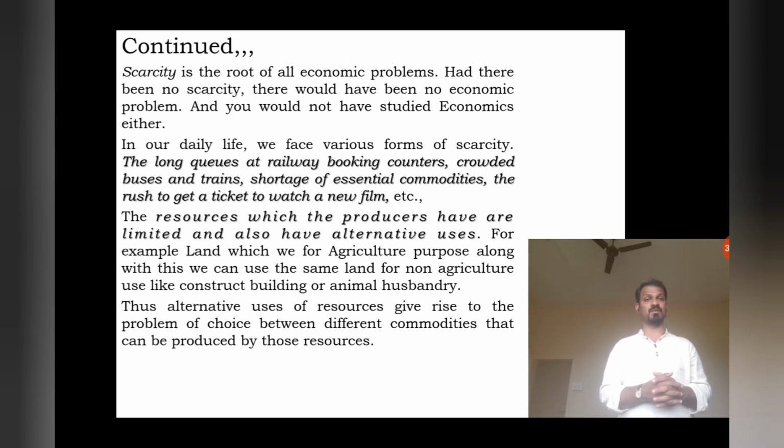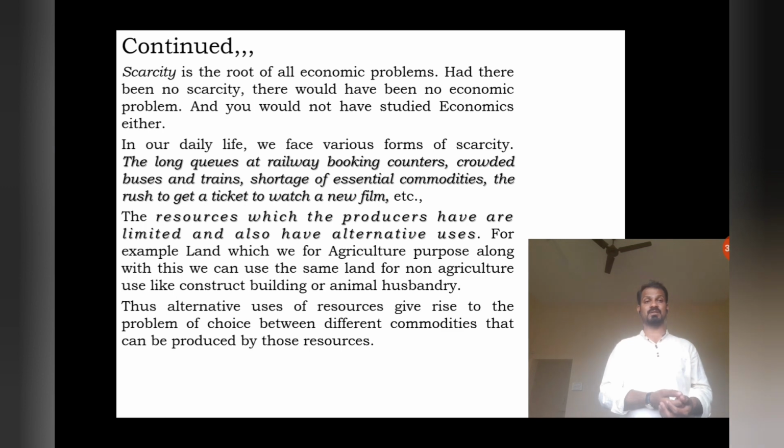Thus alternative uses of resources give rise to the problem of choice between different commodities that can be produced by those resources. The meaning of this sentence is that when resources are limited and at the same time can be used for various purposes, it creates a problem of choice between different commodities that can be produced by those resources.